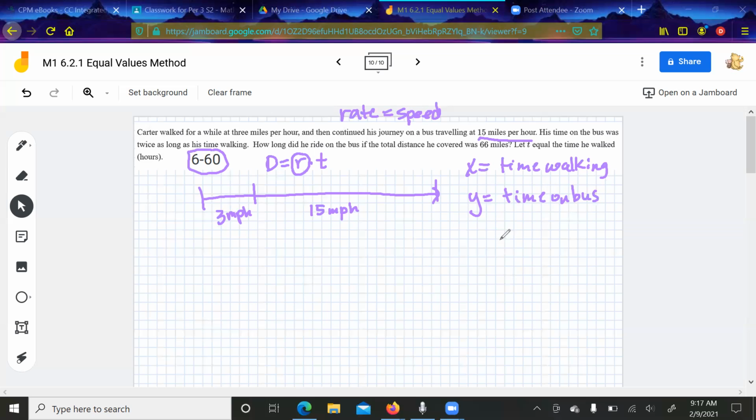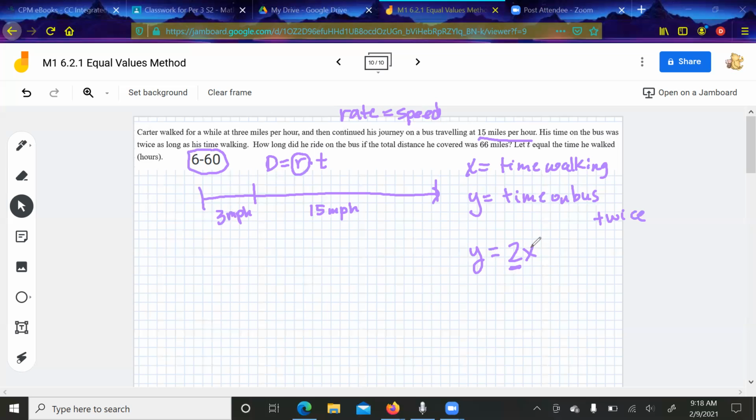Y is going to be twice as long as it was walking, so y equals 2x. If this one is twice as long as this one, you need to multiply this one times 2, right? Whenever you see twice, it means you're going to multiply by 2. So this is our second equation.